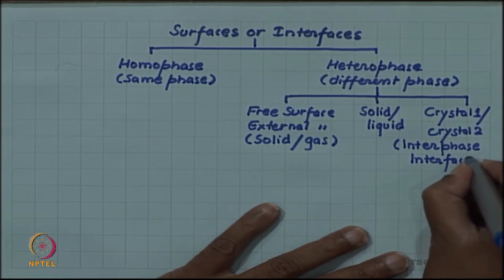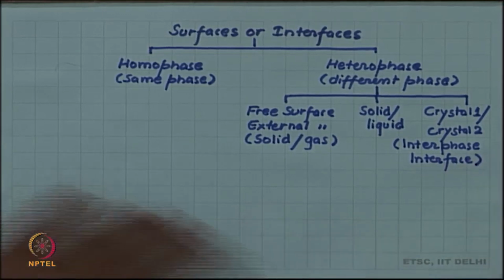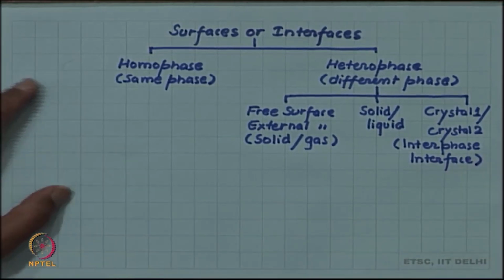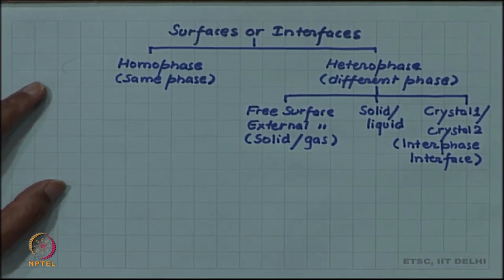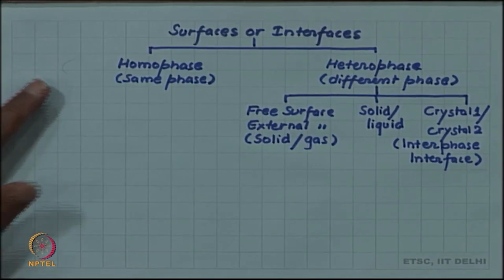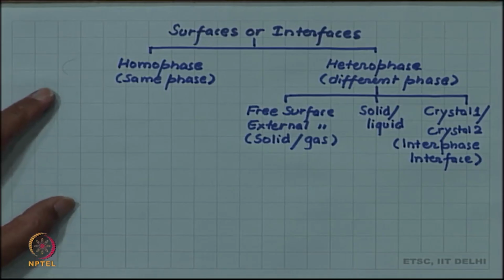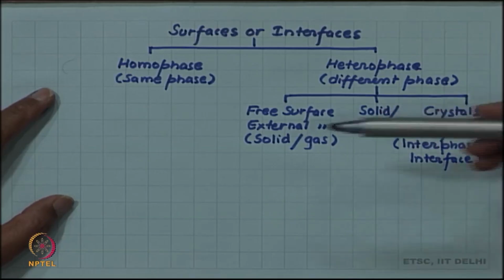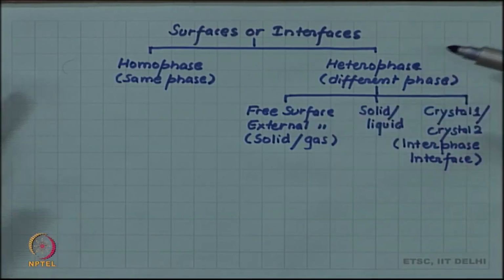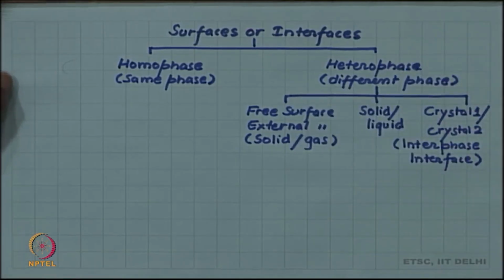It is an interface across which you have two different crystalline phases. For example, on one side one can have a body centered cubic structure, and on the other side a face centered cubic structure. That will give us an interphase interface. So, an interphase interface, a solid-liquid interface, and an external surface of a crystal, in which on one side you have a crystalline solid and on the other side you have gas, are all examples of heterophase interfaces.